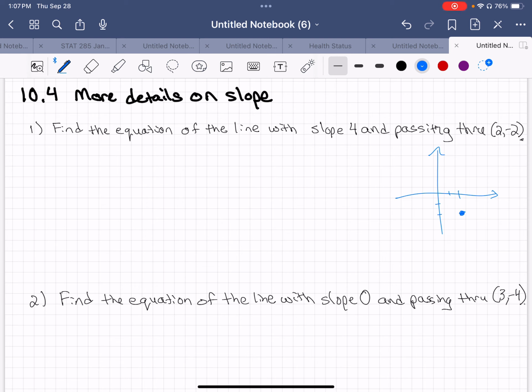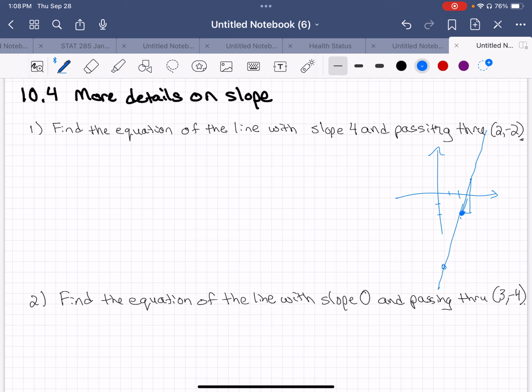I'm purposefully not using graph paper because you can sketch this on any paper. And then a slope of 4 is positive, so I'd be going over 1, up 4, over 1, up 4. So this is roughly what the line looks like.